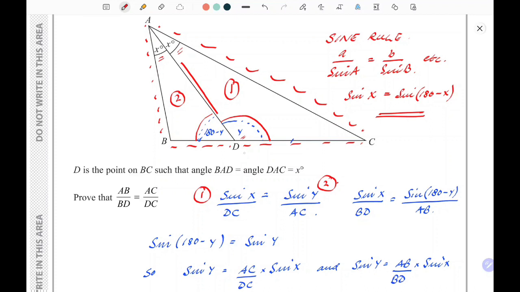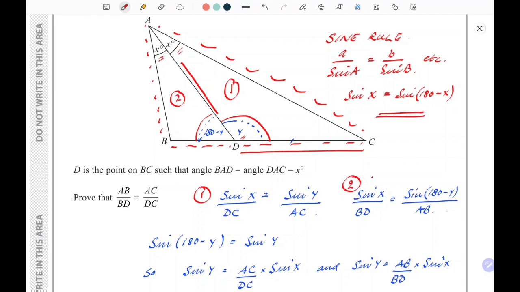Remember, it's always the side that is opposite the angle. That one there. Okay. Sine x over DC must be the same as sine y over AC. Oh, I do apologize. I just realized I labeled the wrong one. It should be 2 there. Sorry. All right. So using the sine rule for the first triangle, I get the ratio of sides sine x over DC equals sine y over AC.